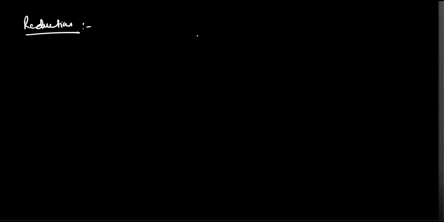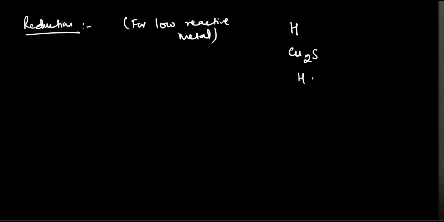Oxygen. Yes, sir. So we have low reactive metals, those below hydrogen. Like copper, which exists in the form of Cu2S. Mercury exists in the form of HgS, and silver exists in the form of Ag2S.